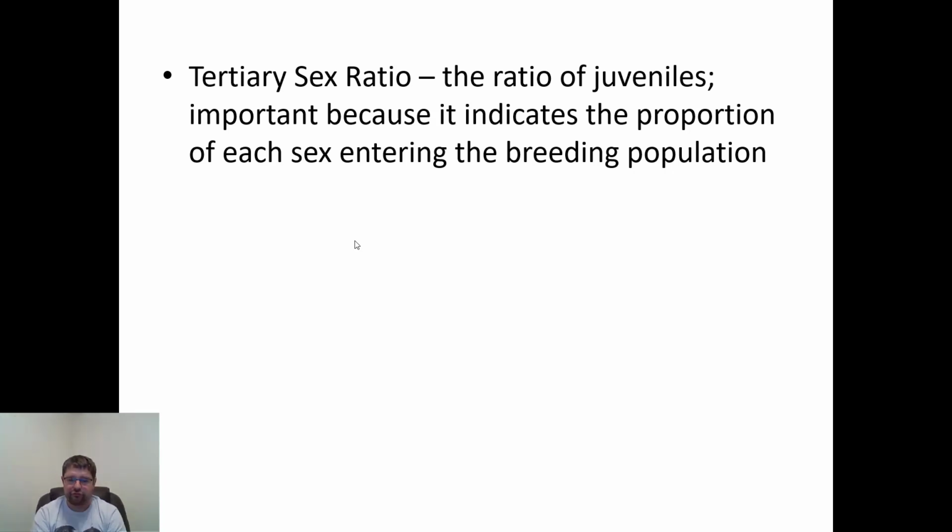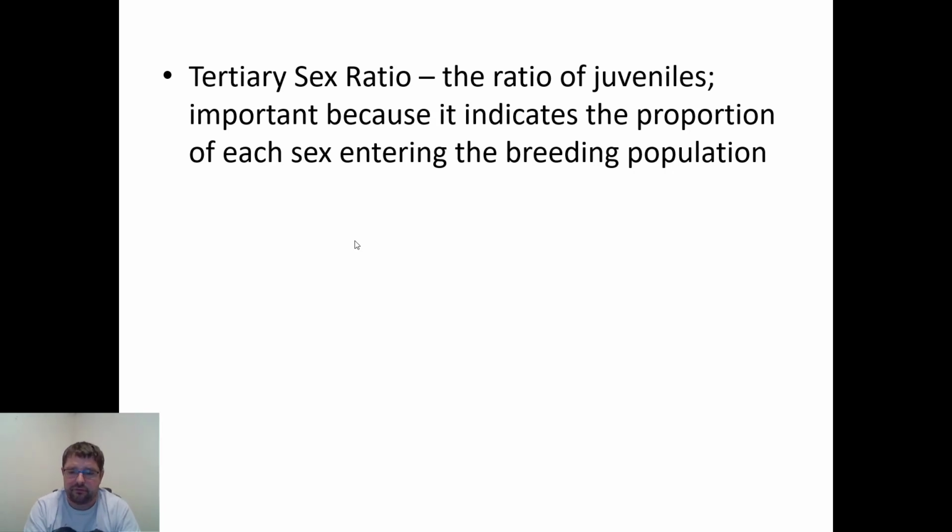Depending on whether you're female or male, the tertiary sex ratio starts to get tweaked quite a bit. Okay, and that really indicates to a manager what portion of your population is going to be male and entering into the breeding population, what portion is going to be female. How skewed is it? Okay.